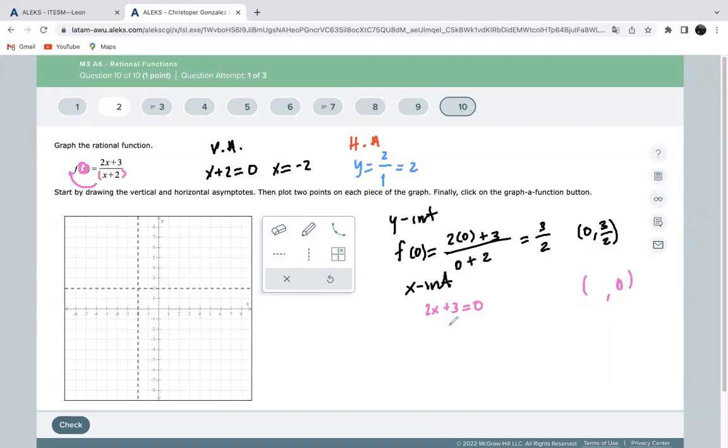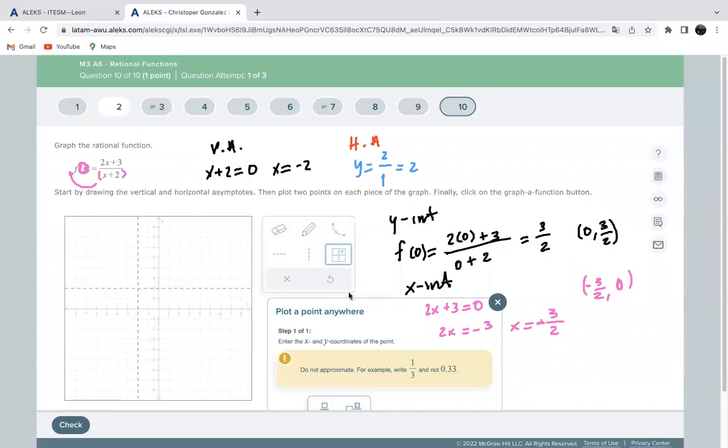If you solve for x, you're going to end up with 2x equals -3, and x equals -3/2. So let's go ahead and plot those points.